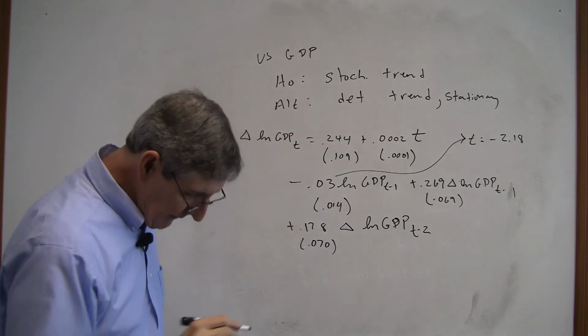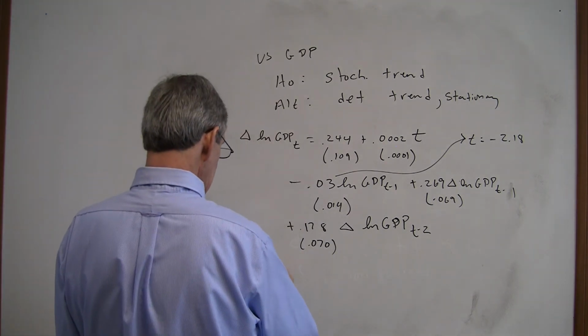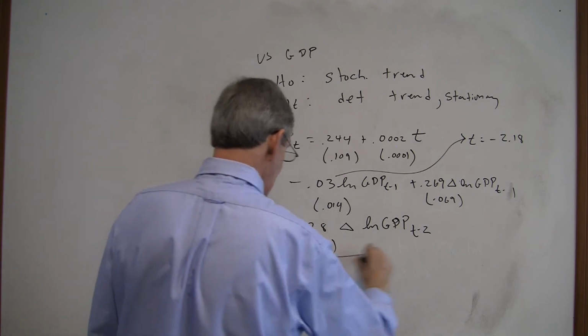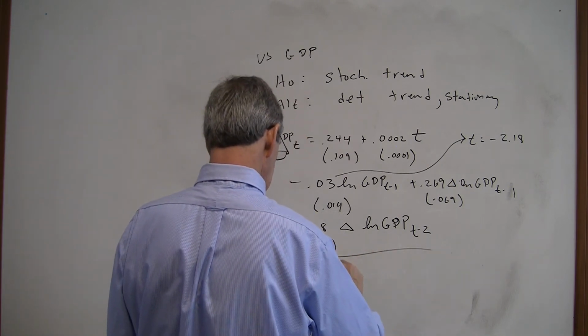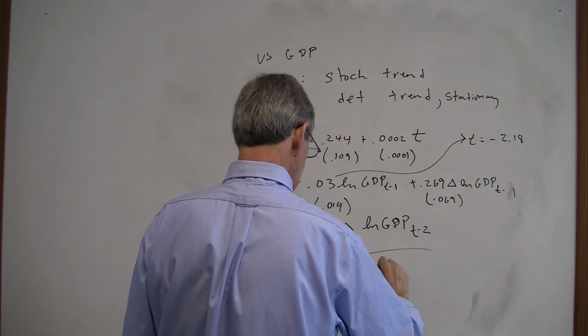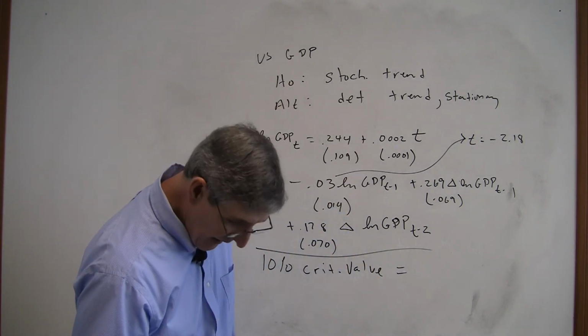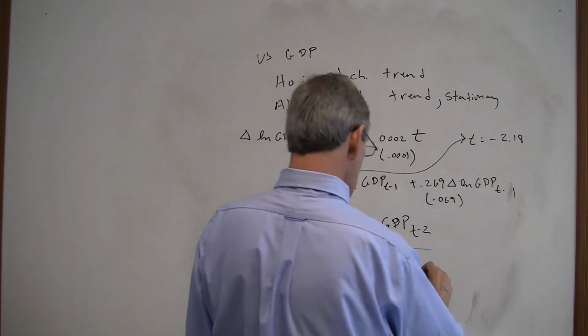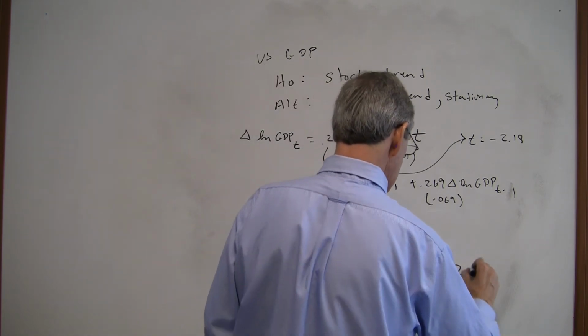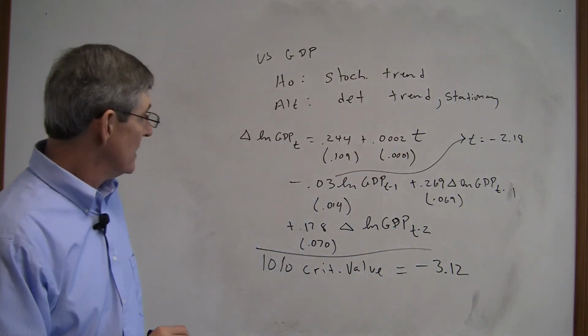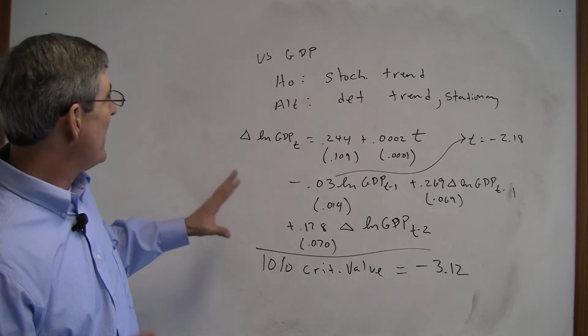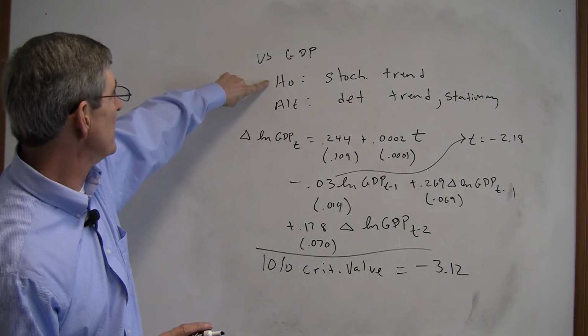But the 10% critical value from those tables in the back of the book is actually not 1.96 or minus 1.96, but minus 3.12. So we fail to reject a unit root.